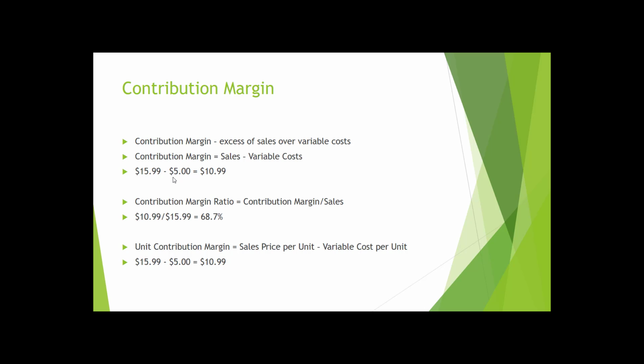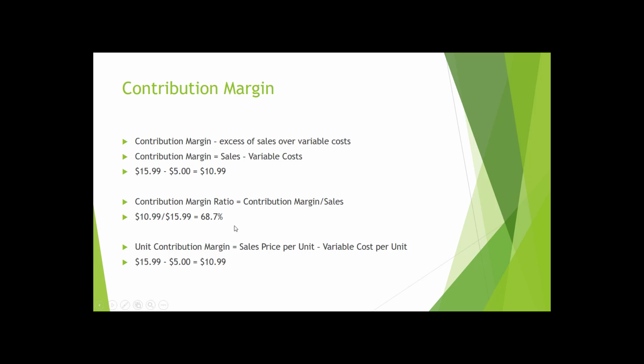That cost altogether is $5. So if we take out the variable costs of that $5, our contribution margin is $10.99. So that $10.99 could go to pay for the rent, for the building, for our t-shirt shop. But we make $10.99 in a contribution margin that can basically contribute to paying the fixed costs.